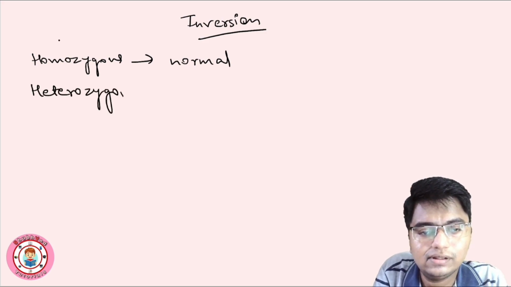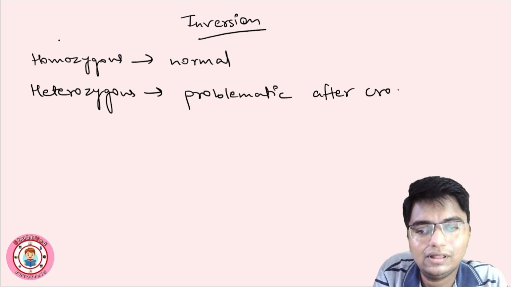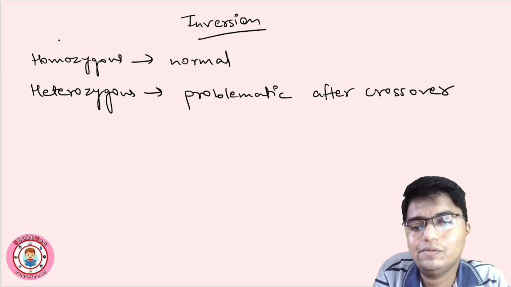Heterozygous, problematic after crossover, okay, after crossover मतलब क्रॉसओवर होने के बाद inviable gametes produce होते हैं. If crossover does not occur then also these are okay.